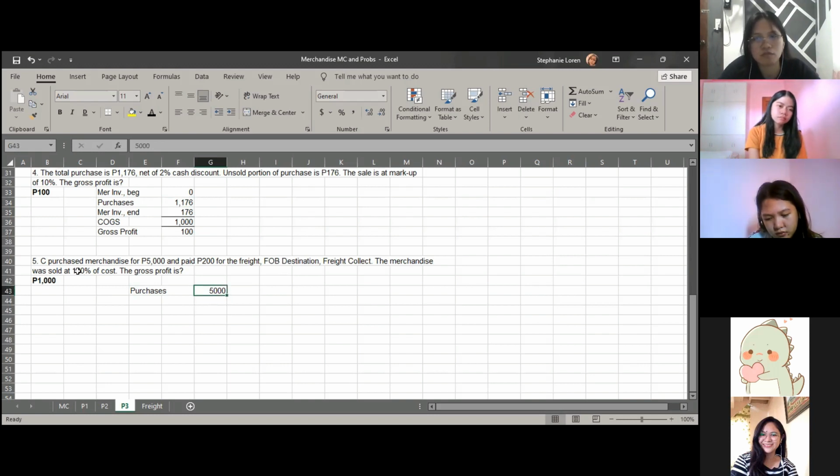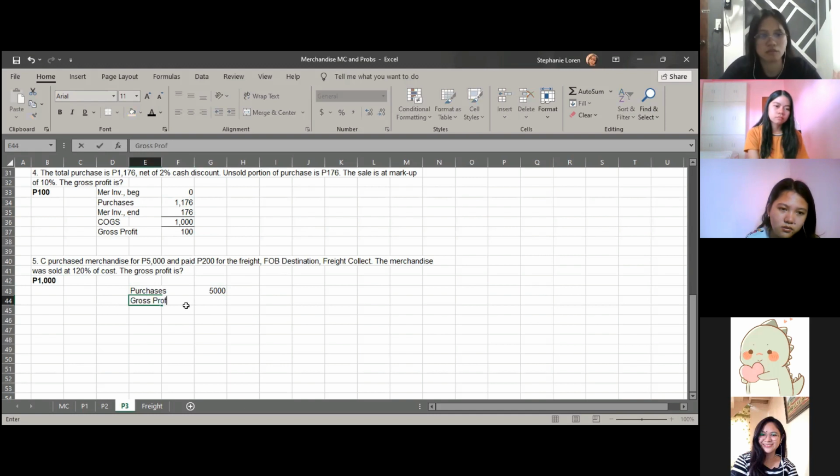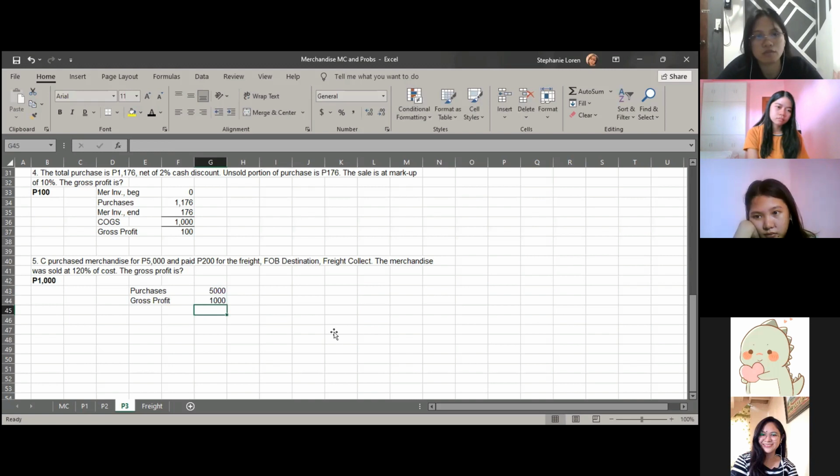And nabenta mo siya at 120%. So, markup rate mo is 20%. So, your gross profit at markup rate na 20%: purchases or cost of goods sold, 5,000 multiplied by your markup rate, 1,000. Ayun.